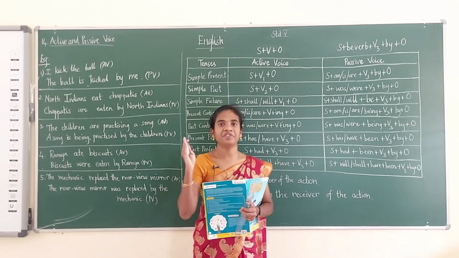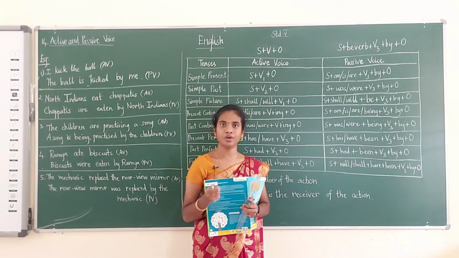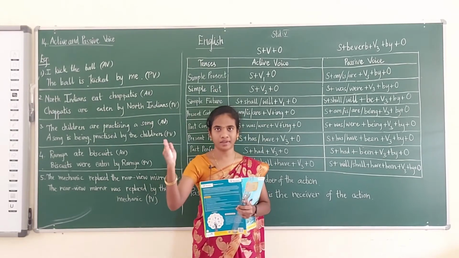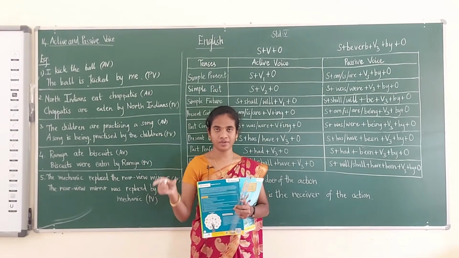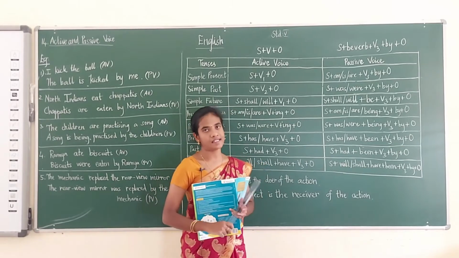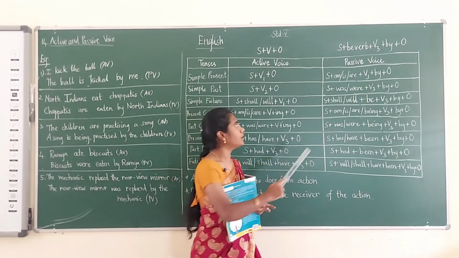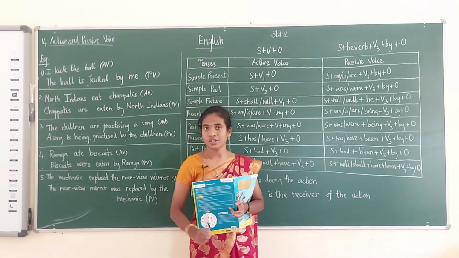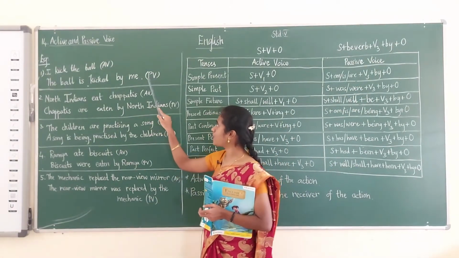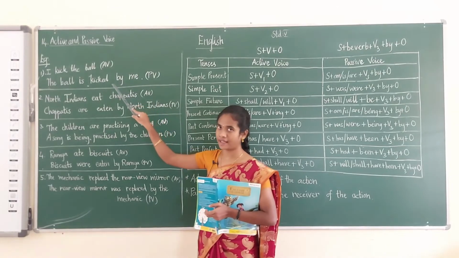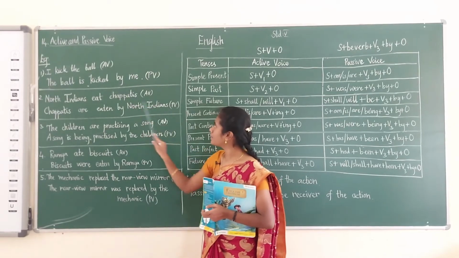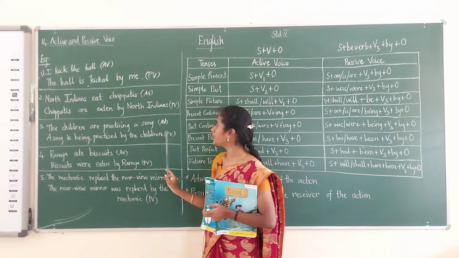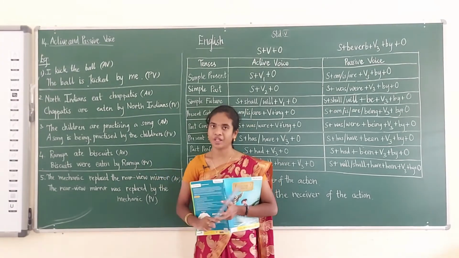You have already learned V1, V2, V3. You have to write the V3 verb in the passive voice, and you have to add by. Here in each passive voice sentence I have written by.